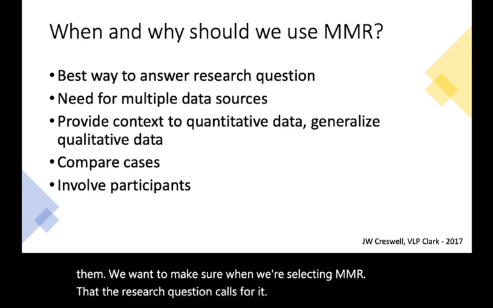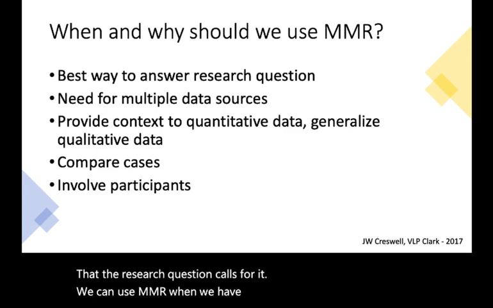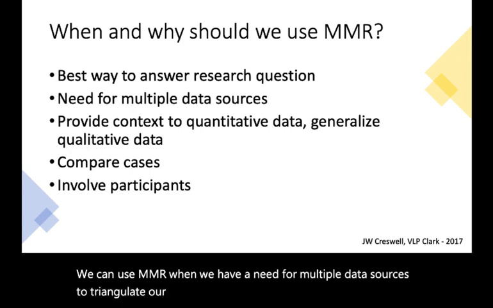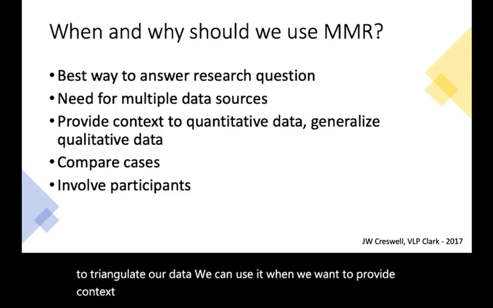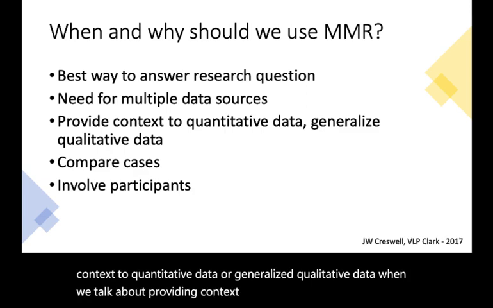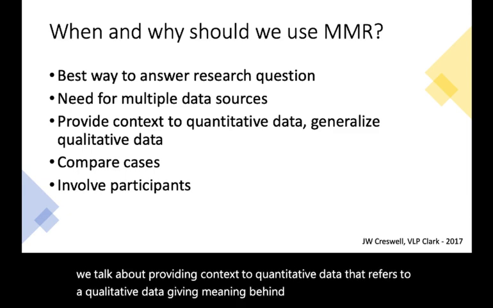We can use MMR when we have a need for multiple data sources to triangulate our data. We can use it when we want to provide context to quantitative data or generalize qualitative data. When we talk about providing context to quantitative data, that refers to qualitative data giving meaning behind the numbers in the categories.